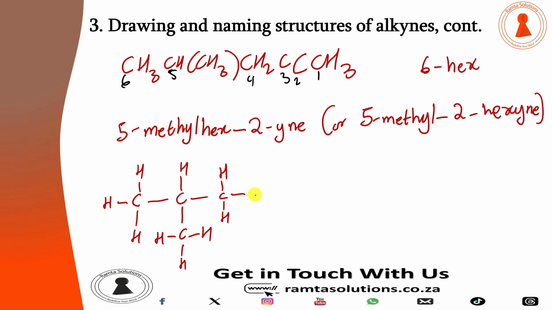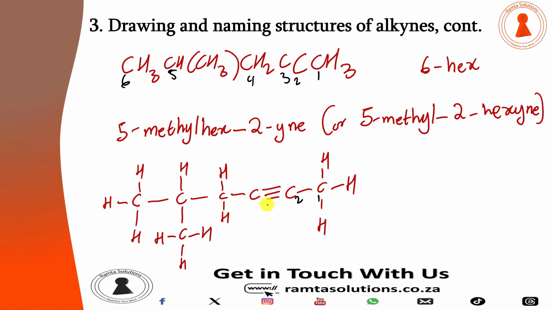It is bonded to a carbon that doesn't have hydrogen and then another carbon. Then this is bonded to another carbon that has three hydrogens. And of course, let's now show the numbering.